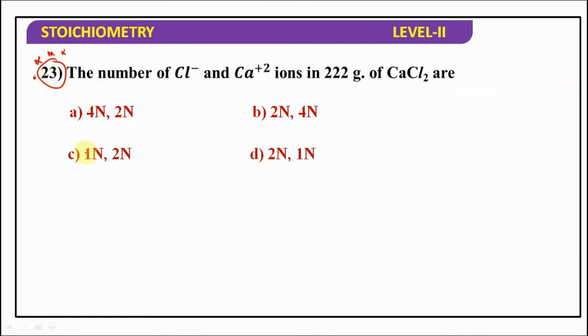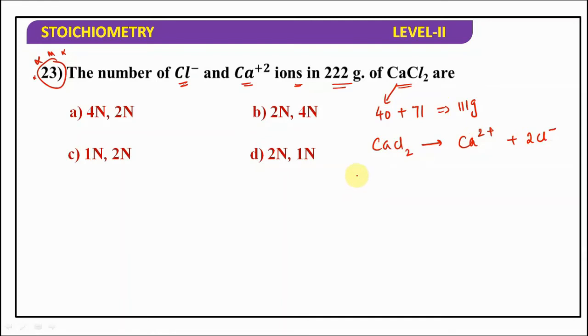Important one. The number of Cl minus and Ca2 plus ions in 222 grams of CaCl2. Calcium molecular weight is 40. 2 into chlorine means 71. 40 plus 71 means 111 gram. It is the molecular weight. So, calcium chloride, how can it be dissociated? Ca2 plus and 2Cl minus.